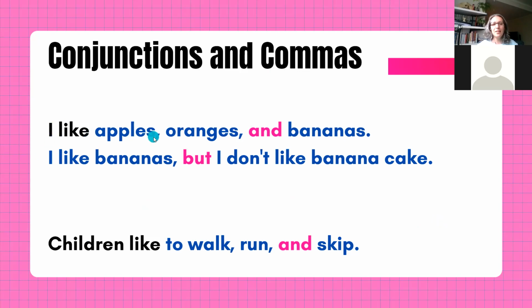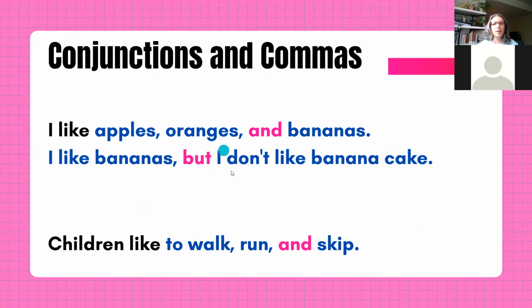Here we have commas and conjunctions. Here I've got commas in a list. I like apples, oranges, and bananas. All of them are nouns and they're separated by commas. And here I'm choosing to use an Oxford comma before the end. Next is going to be clauses. I like bananas, but I don't like banana cake.